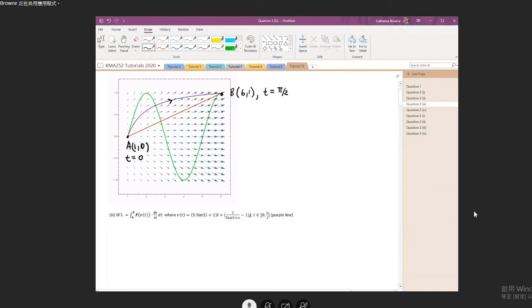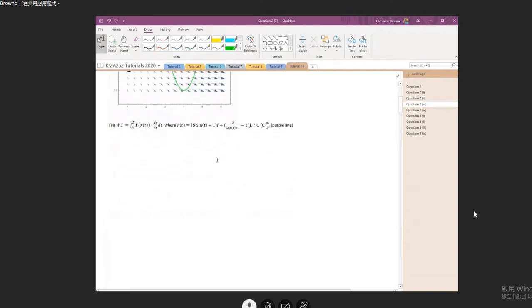And if r is equal to, as it's given there, then we can find dr dt, because we'll need it when we're finding the line integral. So I'll just find it out here first.